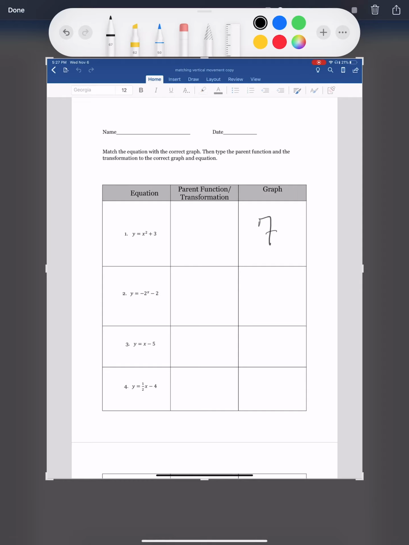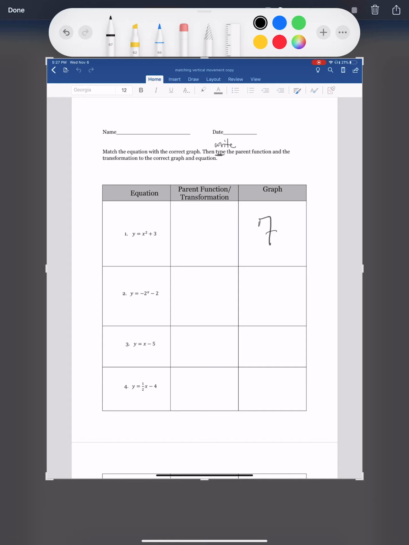Okay. So now in the middle box, it says parent function and transformation. It says type the parent function and the transformation to the correct graph and equation. It says type, but what we're going to do is write the parent function, the equation of the parent function.